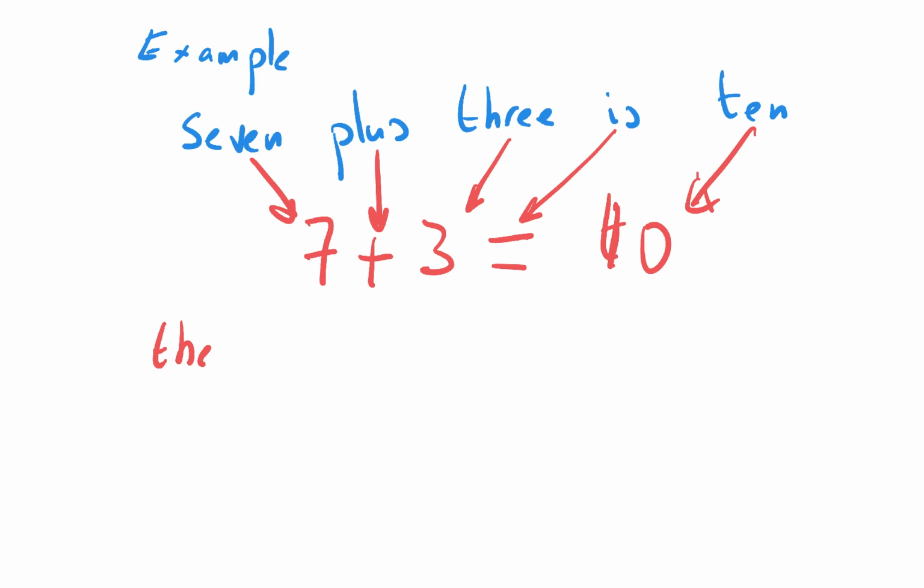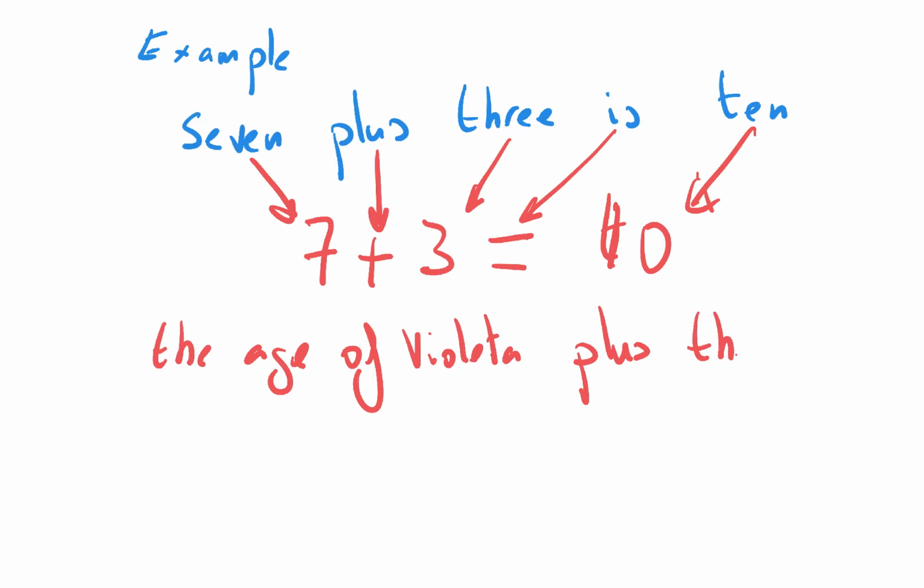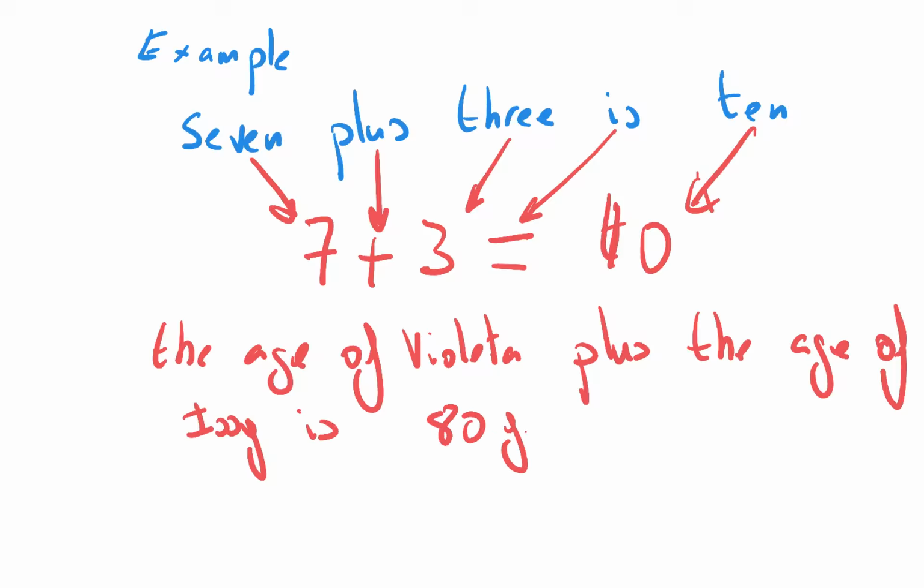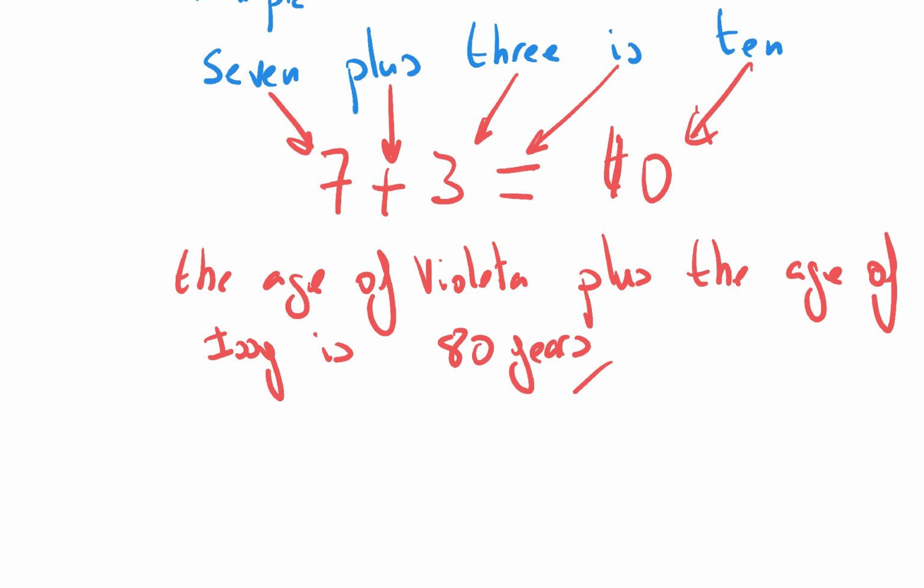The age of Violeta plus the age of Izzy is 80 years. How will you write the equation?